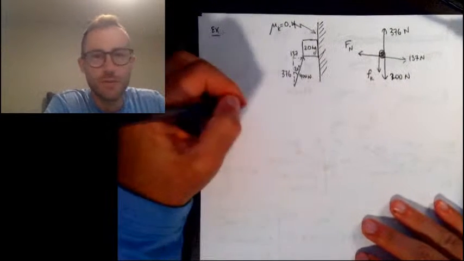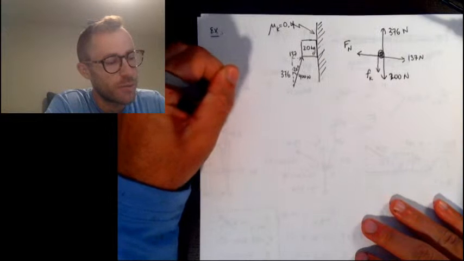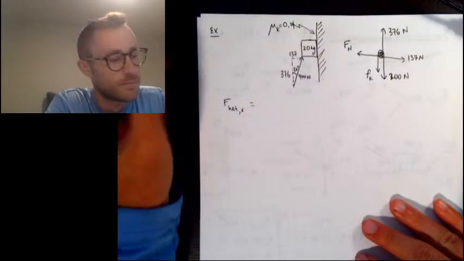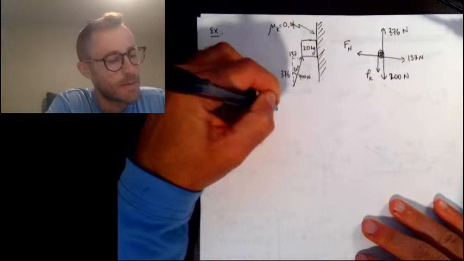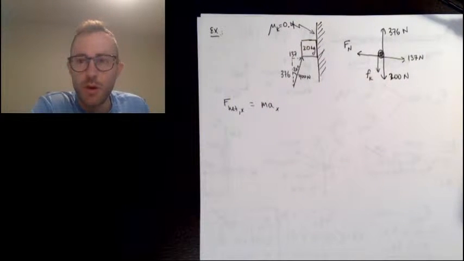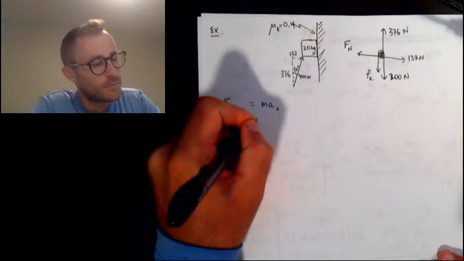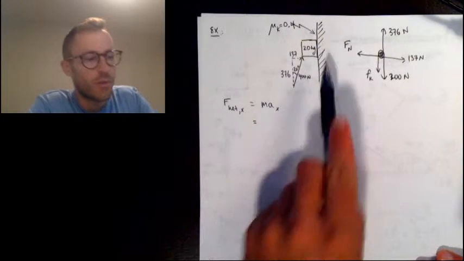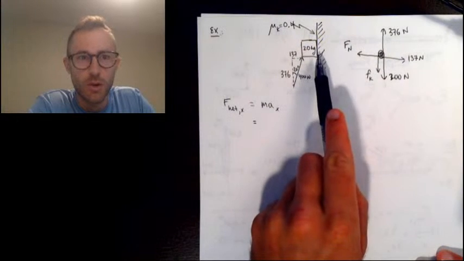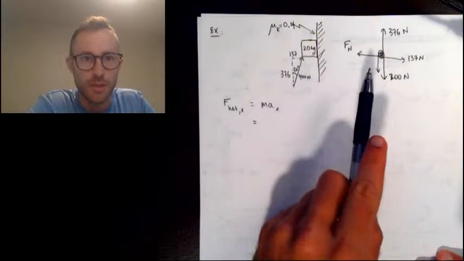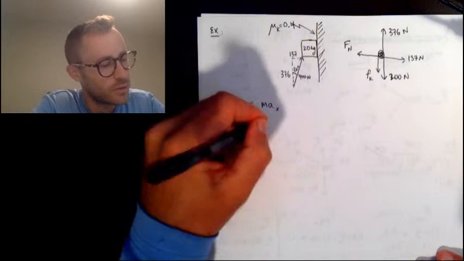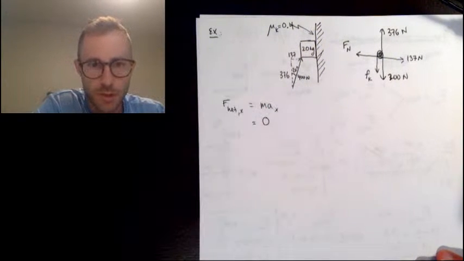So type it into the chat if you can write an expression for the net force in the x direction. Okay? And while I'm waiting, we can see that because the box is pinned against the wall, it can't move horizontally. It can only move vertically. So that means that the x component of the acceleration is 0.